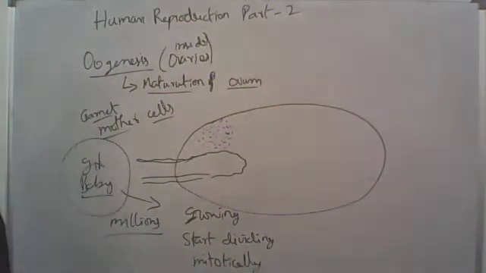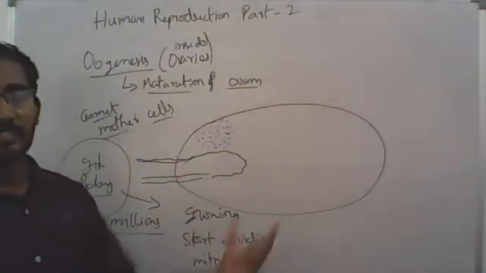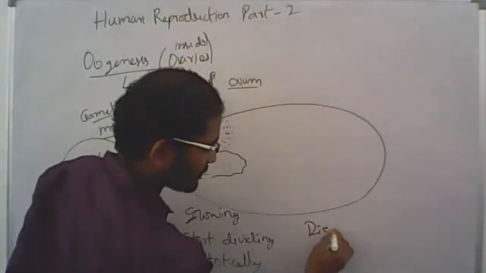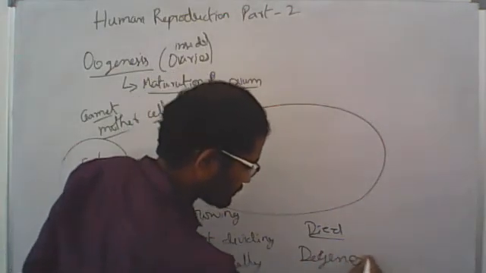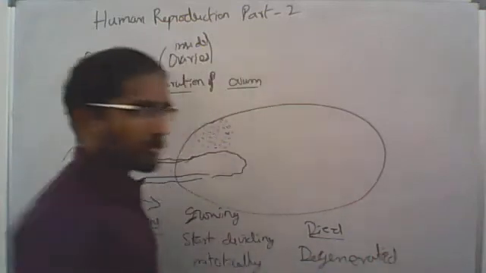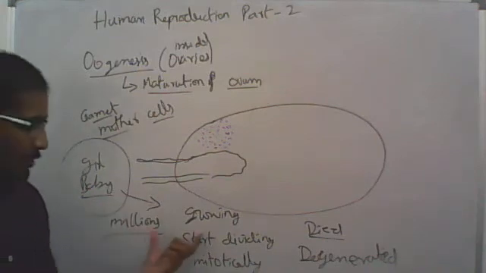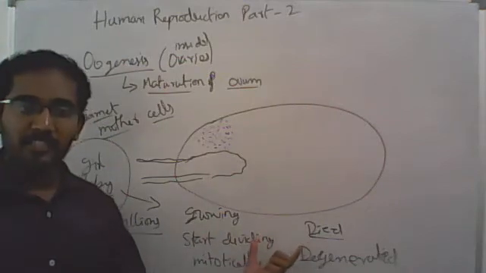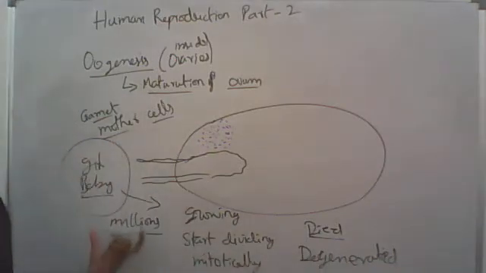Even though they divide, their ultimate end is death. They start dividing and finally die, or you can call it degenerate. So from 0 years to a certain age, they are just mitotically dividing and degenerating. That's the only action of the gamete mother cells in the ovaries.